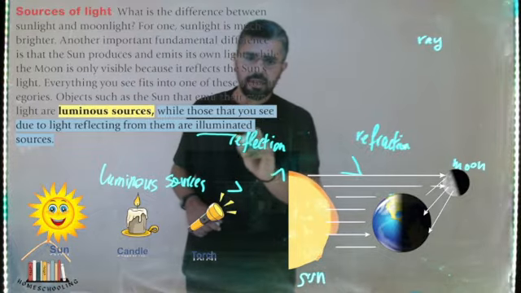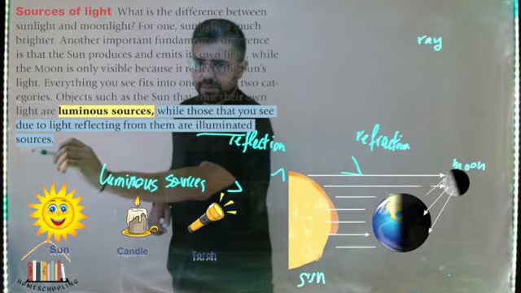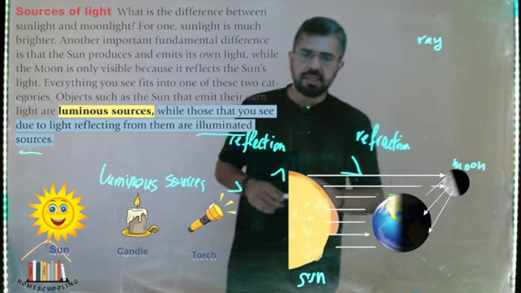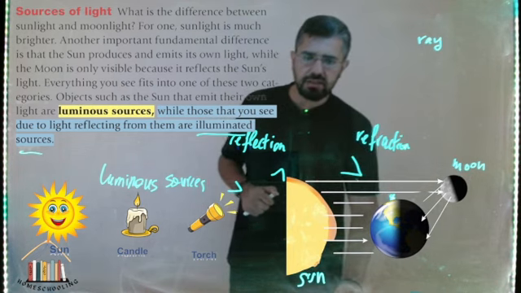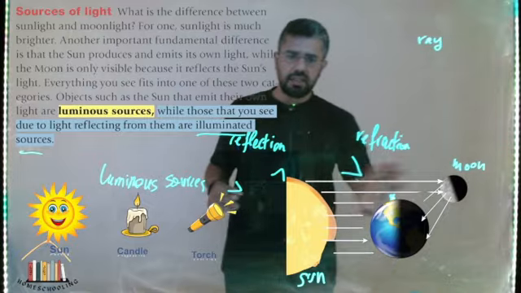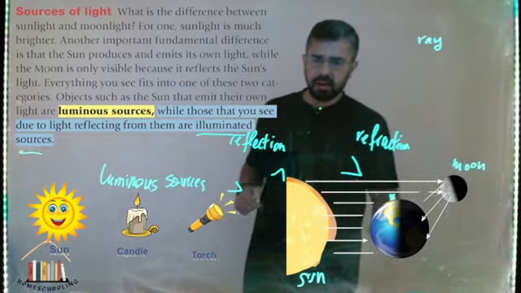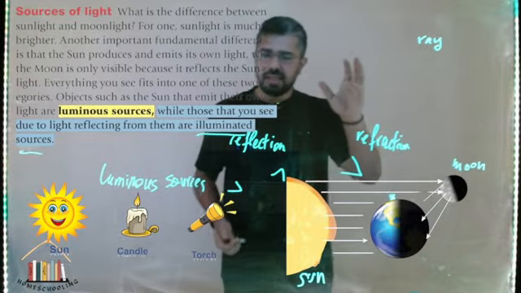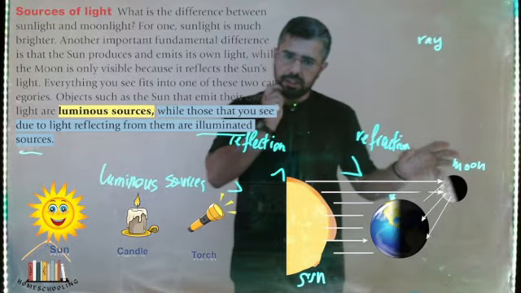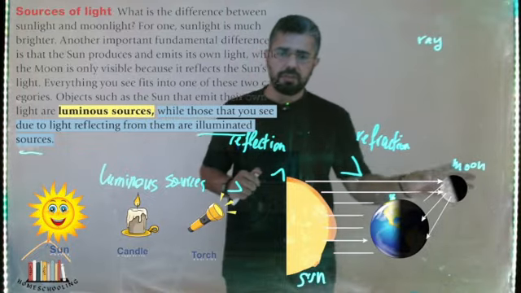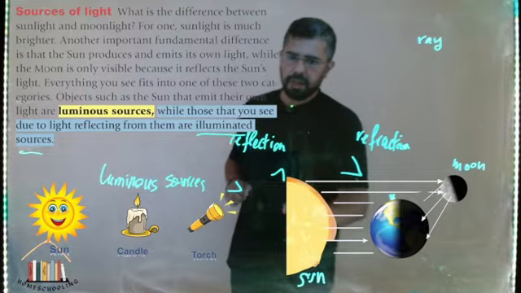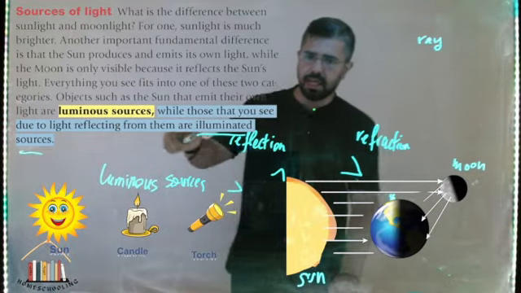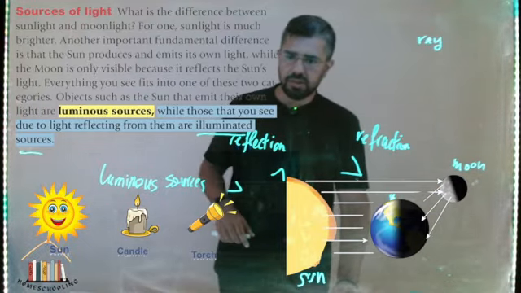So the moon is an illuminated source, because it's not generating the light by itself. It's receiving it from the sun and reflecting it back to the earth. That's why we see the moon as a lit object. But the light is not coming from itself. It's reflected from a luminous source, which is the sun. Again, the moon is called an illuminated source.